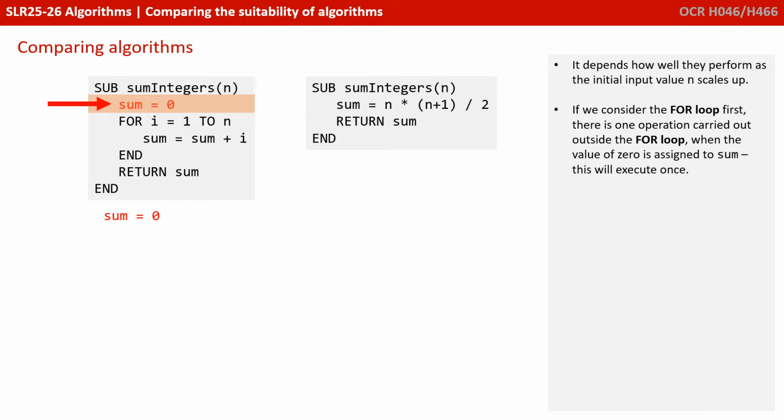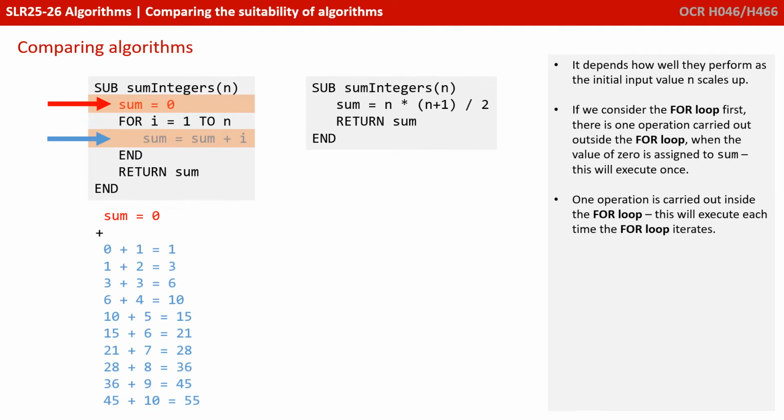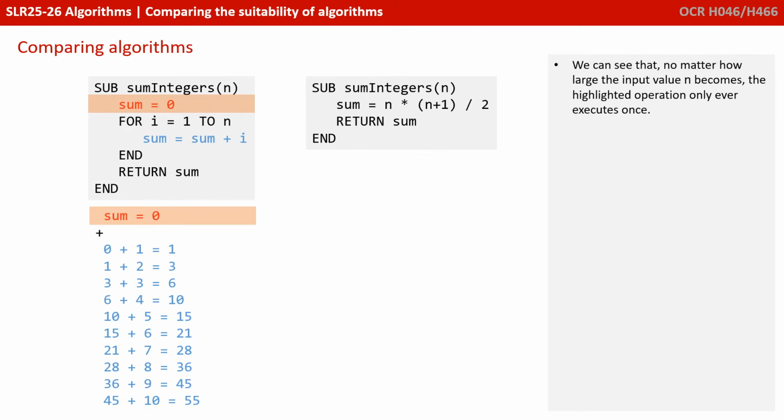So let's start by considering the for loop. There is one operation carried out outside the for loop when the value of 0 is assigned to sum. This will execute once. There's one operation carried out inside the for loop, and this will execute each time the for loop iterates. No matter how large the input value n becomes, the highlighted operation only ever executes once.